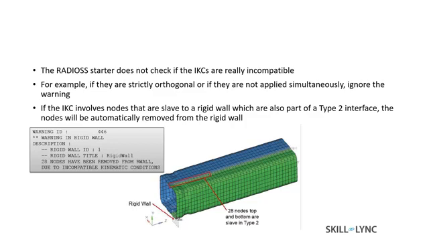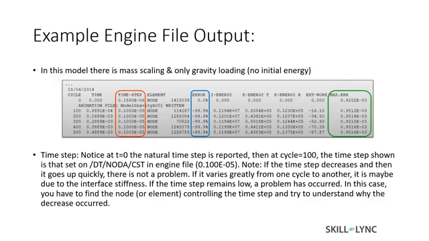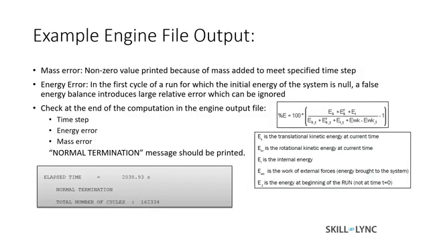You can choose to ignore those, or you can find a solution the way we discussed during our session. Apart from that, we have already discussed that mass error and energy error should be 0. That is the ideal value, but if it is not 0, then there are always some bounds within which your mass error and energy error should lie.